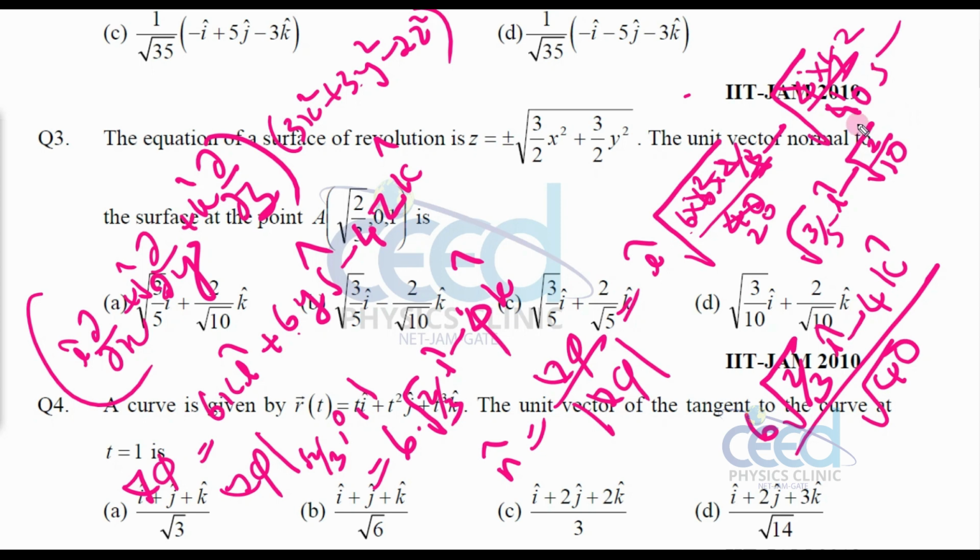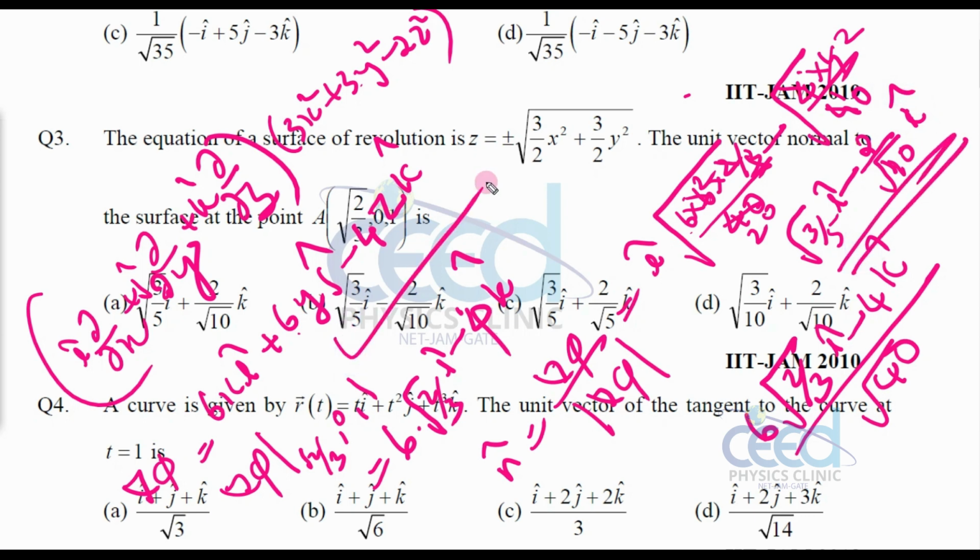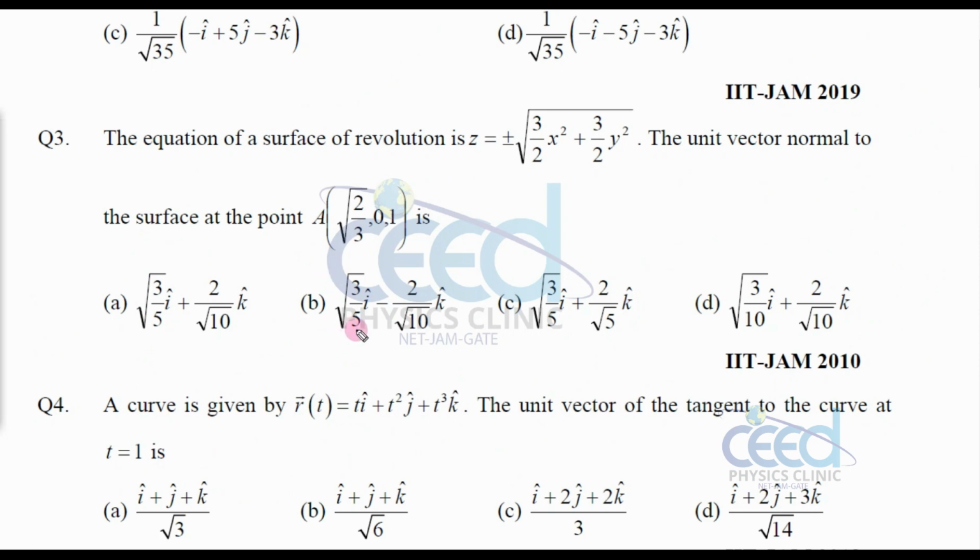Or we can write this with 4 root, we need not cancel this. We can take root 4 as 2, and this root 10 I am keeping here, that is k cap, right? So this will be the answer. So option B is the option.